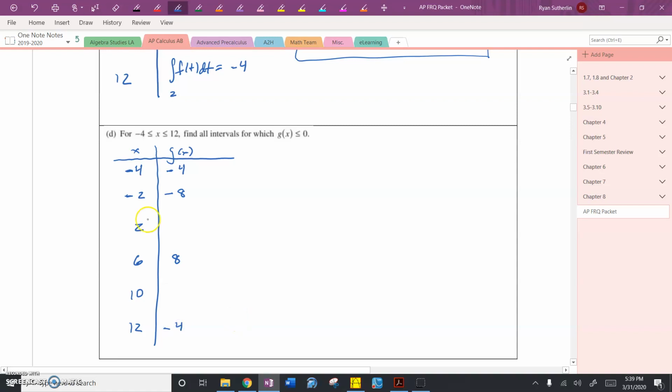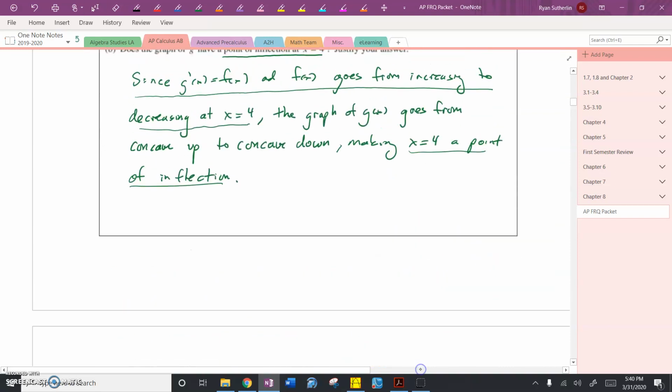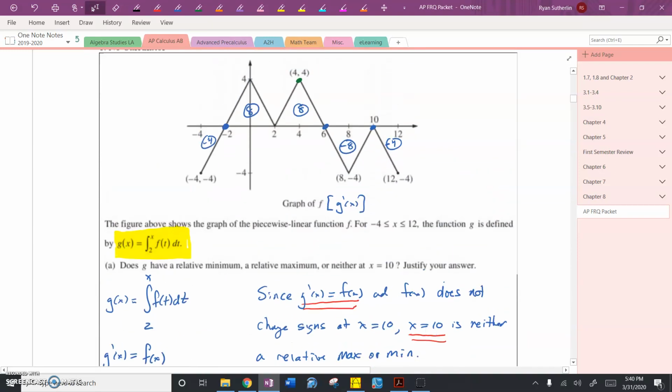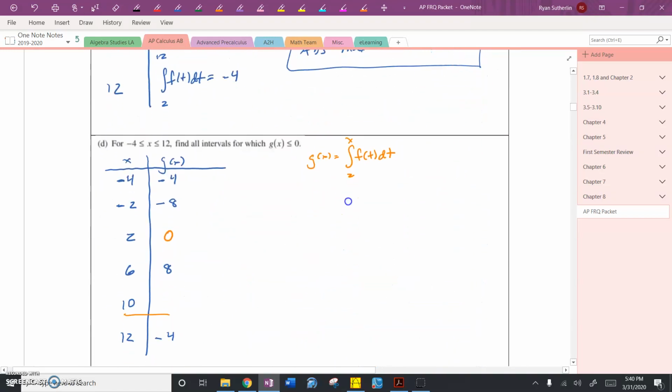Well, think about 2. Again, remember, our function g of x is the integral from 2 to x of f of t dt. So 2 to 2, that's going to have an area of 0. And then we need to do 2 to 10 to evaluate this missing piece here. Well, if I look back, 2 to 6 is 8, 6 to 10 is negative 8, so that's also going to be 0.